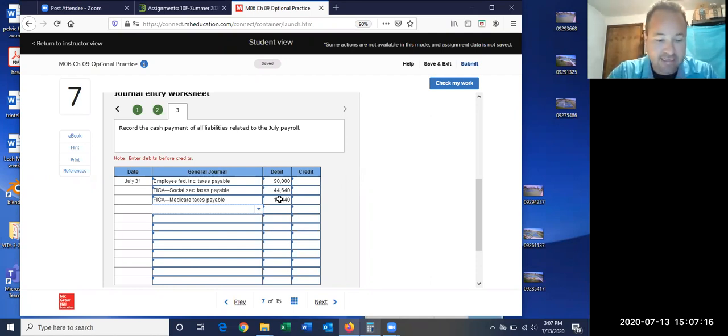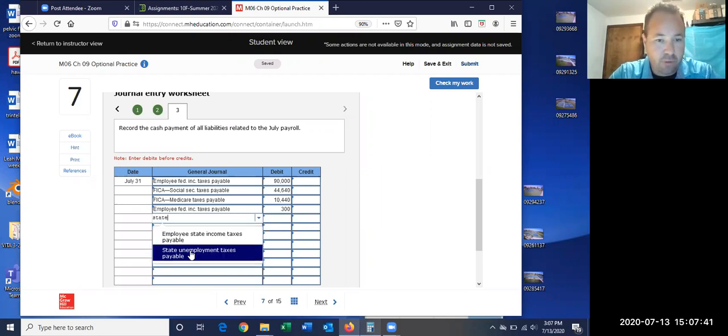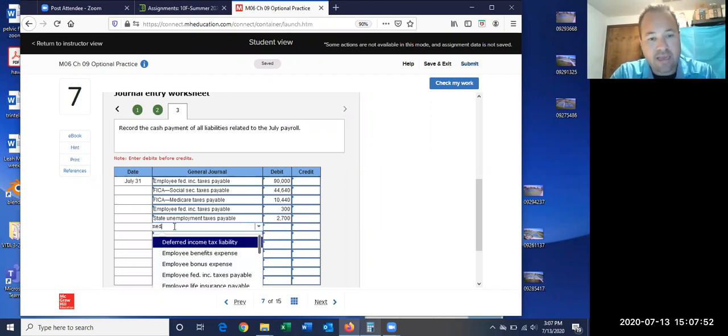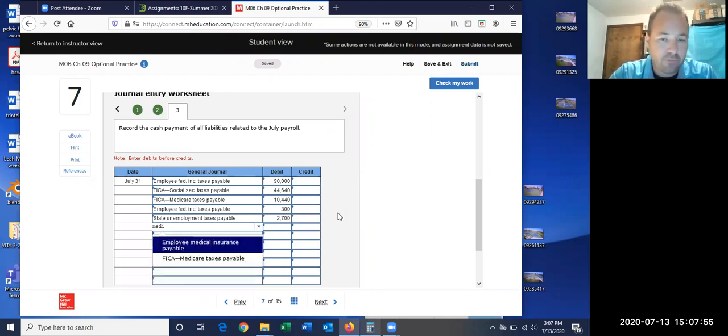The next tax that I need to take out was my federal unemployment. That was just on the employer's piece. And when I wrote it down, if I look back to my T accounts, it was only $300 that is in that T account. And then I had the employee state unemployment taxes. And that in the T account is $2,700. And then finally, I had the medical insurance payable.